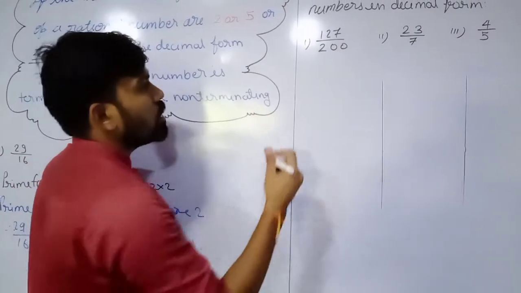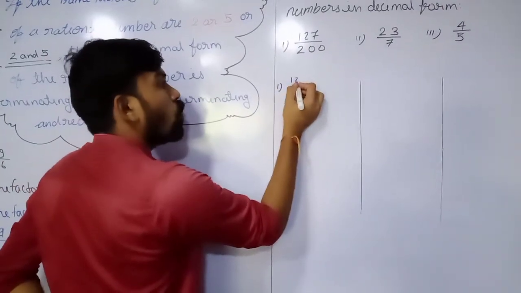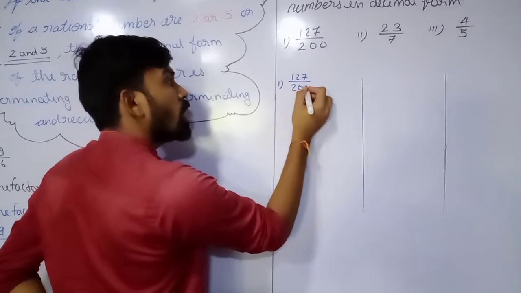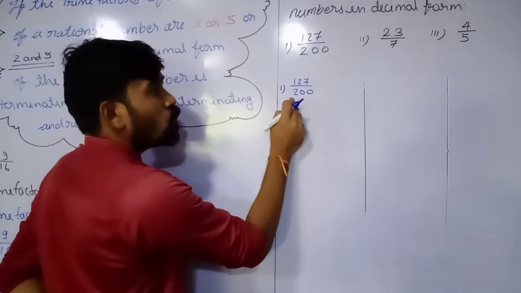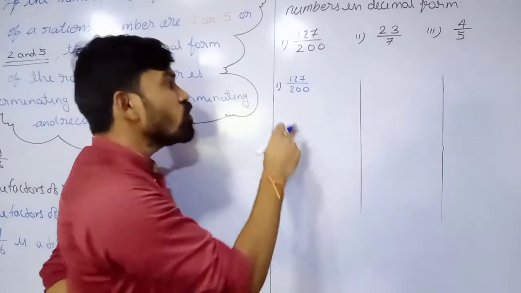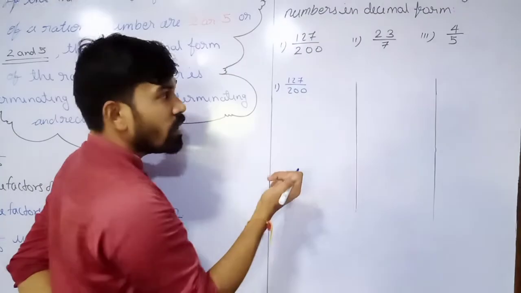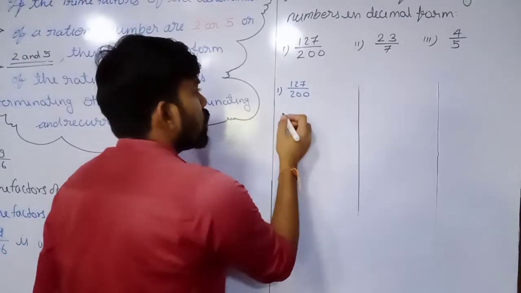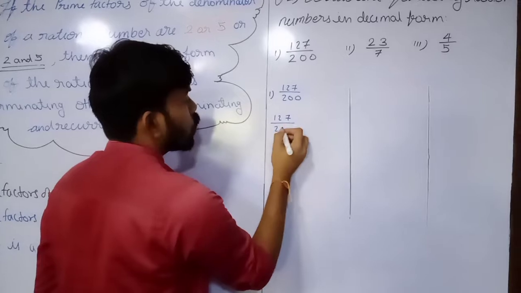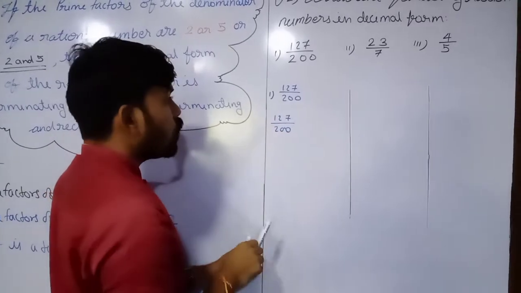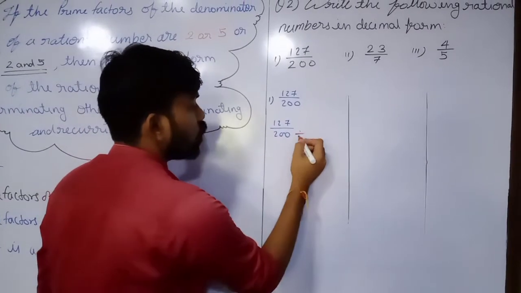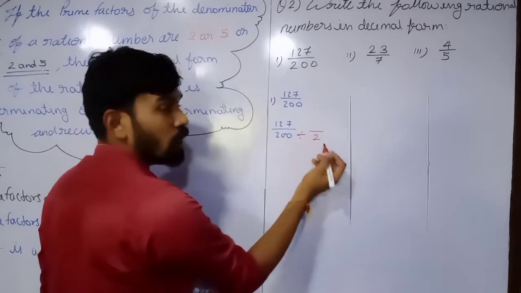Let's see. Here we have the first one, 127 upon 200. We can easily convert this 200 into 100. How? 127 upon 200. We are going to divide this denominator by 2.